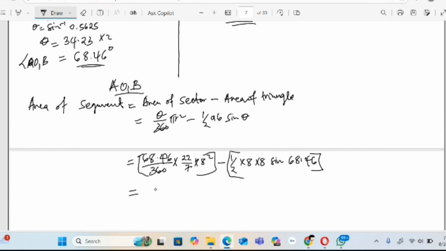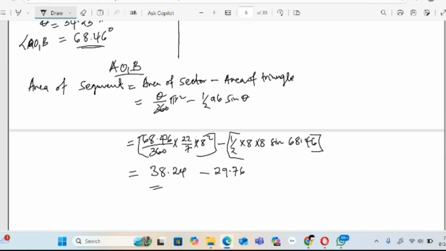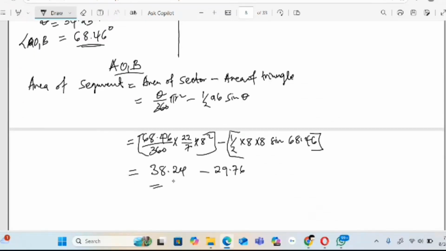So when you work this in brackets, you're going to get the area of the sector to be 38.24 minus, now the area of the triangle becomes 29.76. So when you minus 29.76 from 38.24, you remain with 8.48 square centimeters.